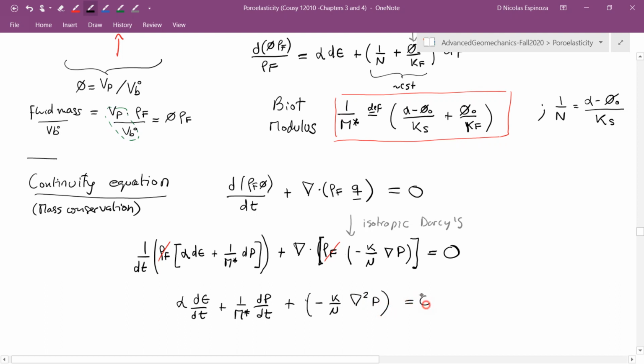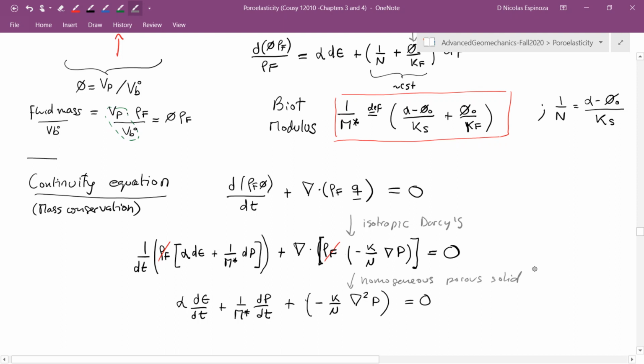And all of this equal to 0. Remember that going from here to here, we assume a homogeneous porous solid. That means that the properties, especially permeability, don't change with time.